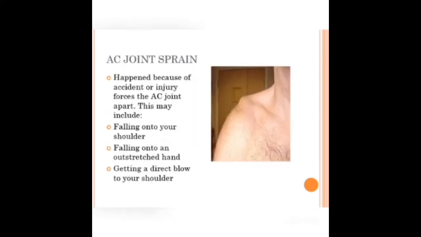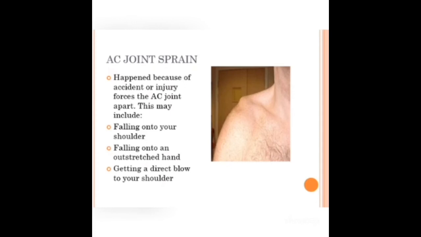Next comes AC joint sprain. This happens because of accidents or traumatic injuries to the AC joint. If you notice this slide, you can see a bump on his AC joint. Disfigurement of the shoulder happens, and there will be a bump, bruise, and a lot of pain.